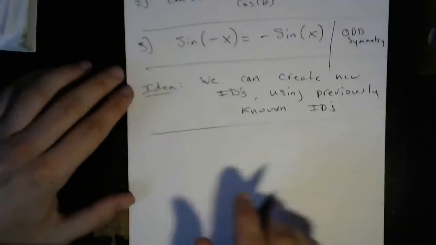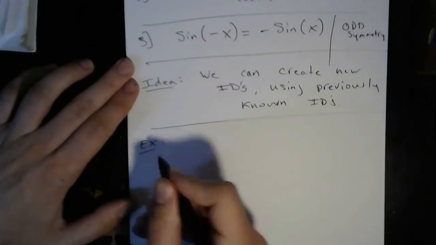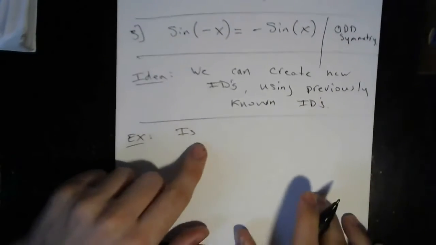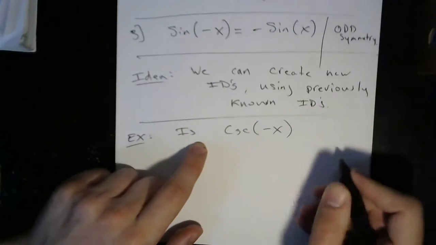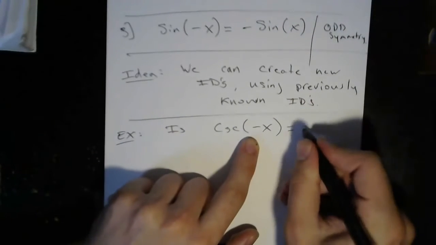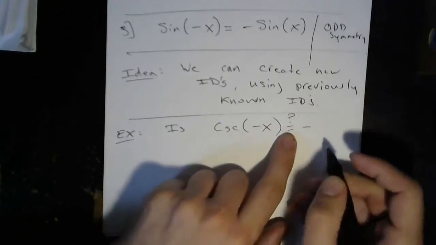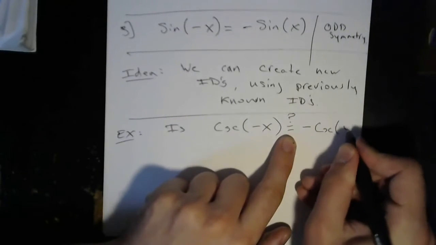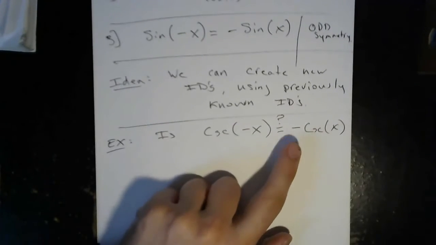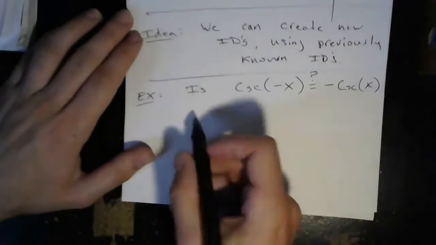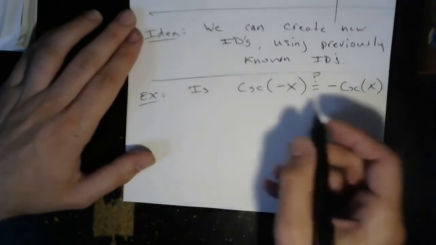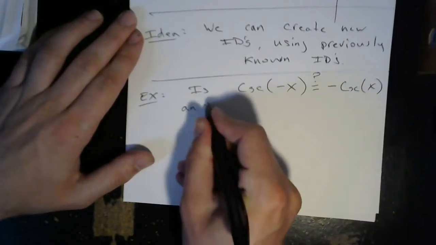So for example, is cosecant of negative x, we don't know yet, is this cosecant of x? Are these equivalent? And the way we can figure this out, essentially we're trying to ask, is this an identity?